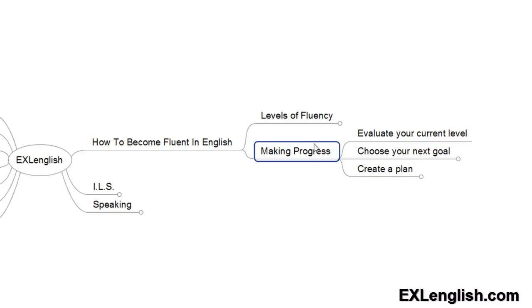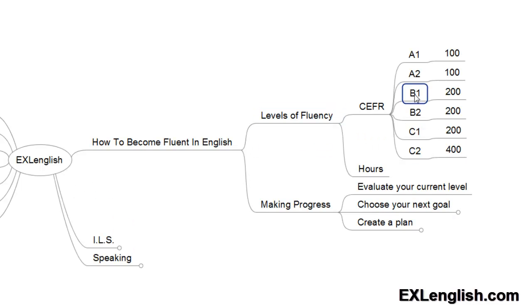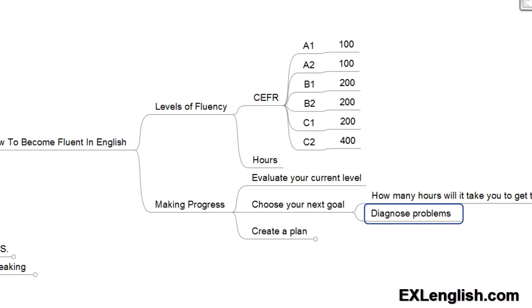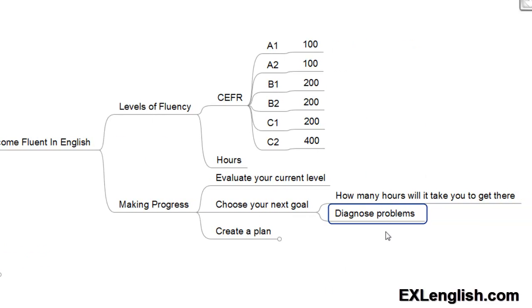Once you know what your level is, let's say you're at level B1, and you want to reach level C2, then you would choose your next goal, which would be level C2. So you know that you would need approximately 1,000 hours of study time to reach that level. Or if you were at level B2 and you wanted to reach level C1, you would know that you needed to study approximately 200 hours. So choose your goal, decide how many hours it'll take you to get there.